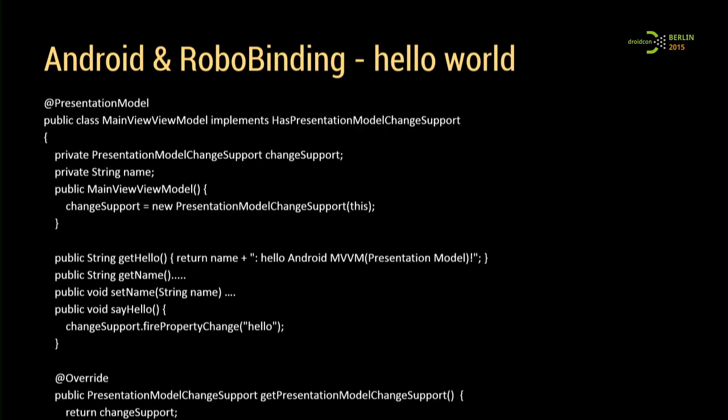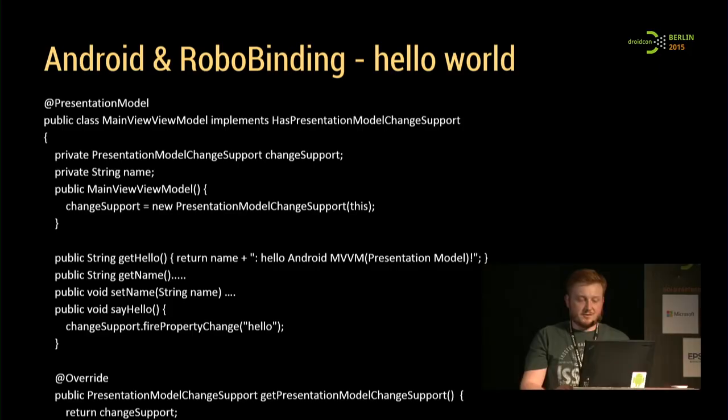Okay, so our presentation model, our view model, which here is annotated with PresentationModel, but it's a view model for us, needs to implement HasPresentationModelChangeSupport if we want to make sure that our code will be ready to send notification to the view that some of our properties were changed.